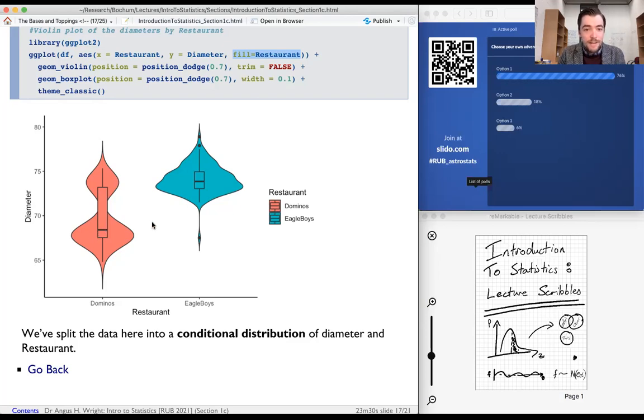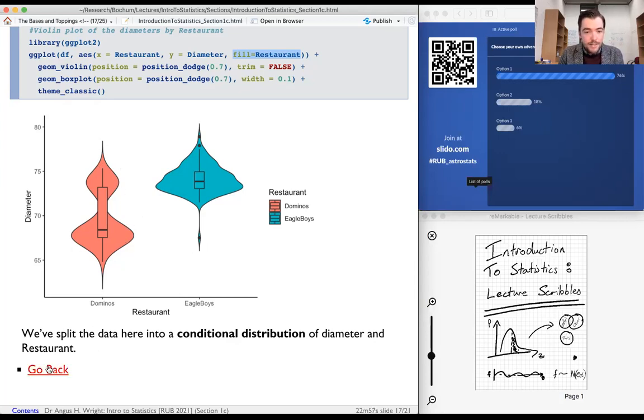And the Eagle Boys diameters have a median of 73 centimeters, which is a big pizza. So this is really useful for us. This tells us that if we had no other information and all we wanted to know about our pizza was whether I was going to get a big one or a smaller one, then you would probably go for Eagle Boys. But as I said, there's clearly some complexity here that's worth probing.